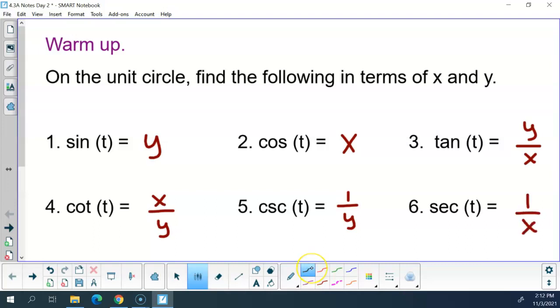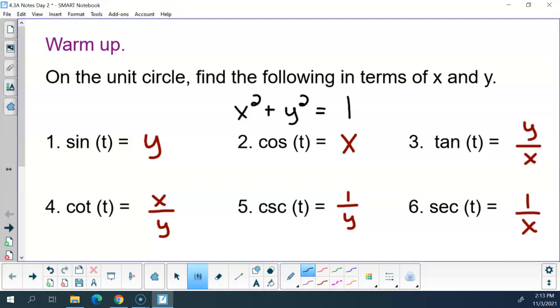While we're at it, what is the equation of the unit circle? Equals 1. Yep. Okay. Good.